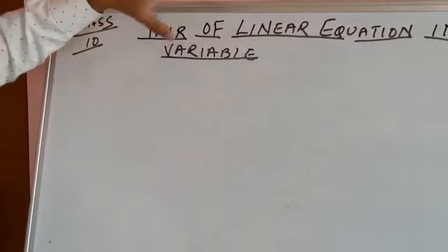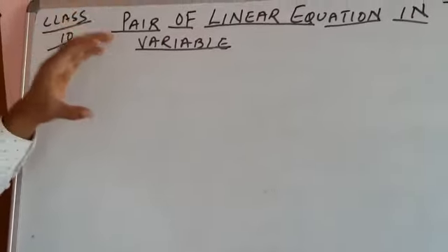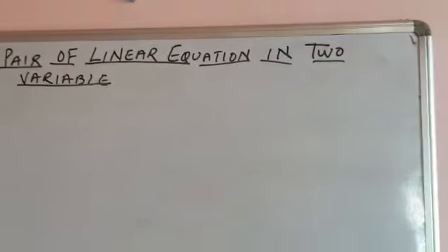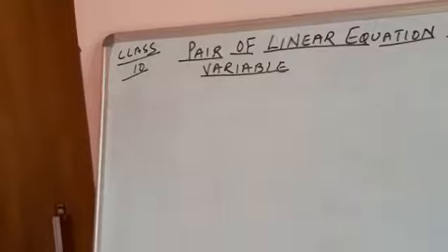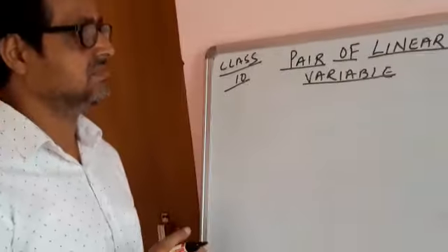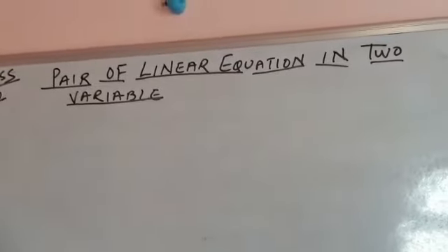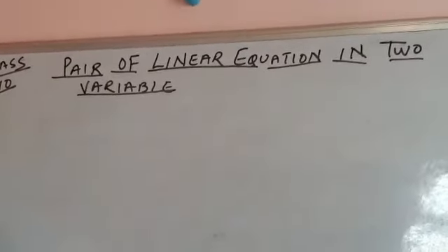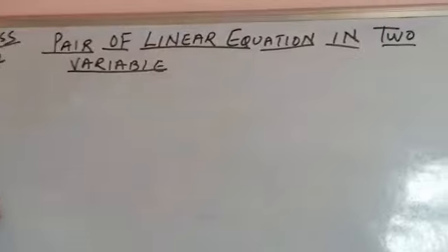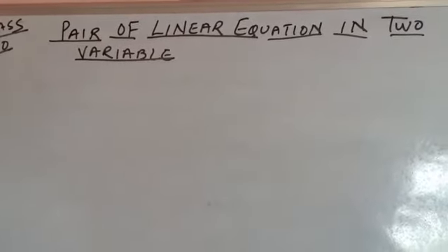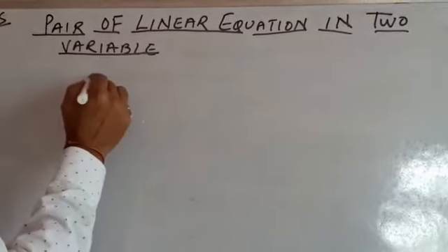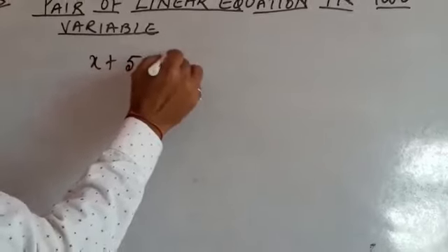So before starting this chapter, how is it connected to what we studied previously? If we could recall very quickly, we'll start with the word linear equation. I am giving a very fast example. Suppose we have x plus 5 is equals to 7.